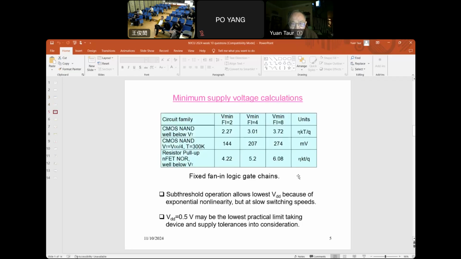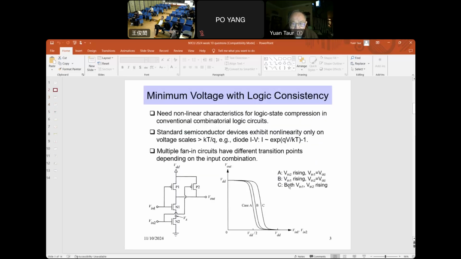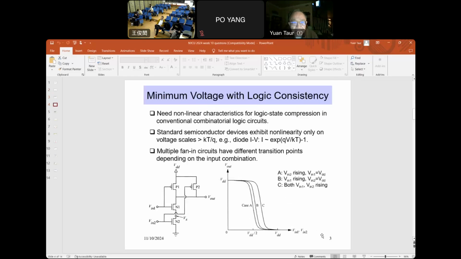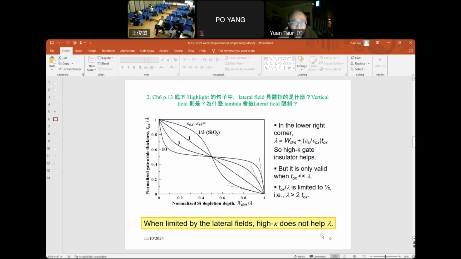So that's the basis of, I said earlier, on the order of 5 to 10 kT over Q, in order to have enough nonlinearity to carry out the logic circuit function for digital circuits. Okay. Next question.